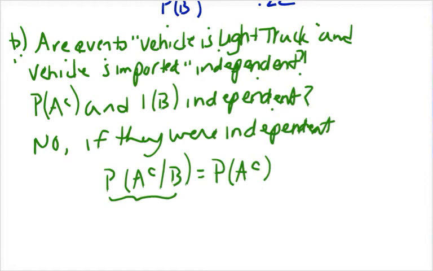When you have a conditional probability, if the event A complement is not dependent on whether B occurs, then there is independence. So for that to be true, those two probabilities would have to be equal. But the probability we just found was 0.6364, and this one we know is 0.69. They're not equal, so they're not independent. Okay? Hope that helps.